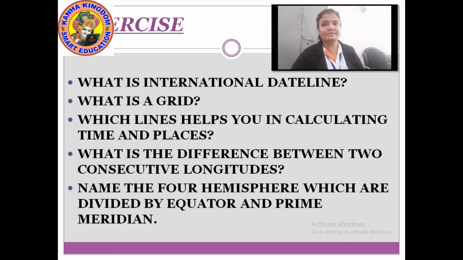The next question is, what is a grid? I told you that the grid is a system of horizontal and vertical lines that cross each other to form a square.